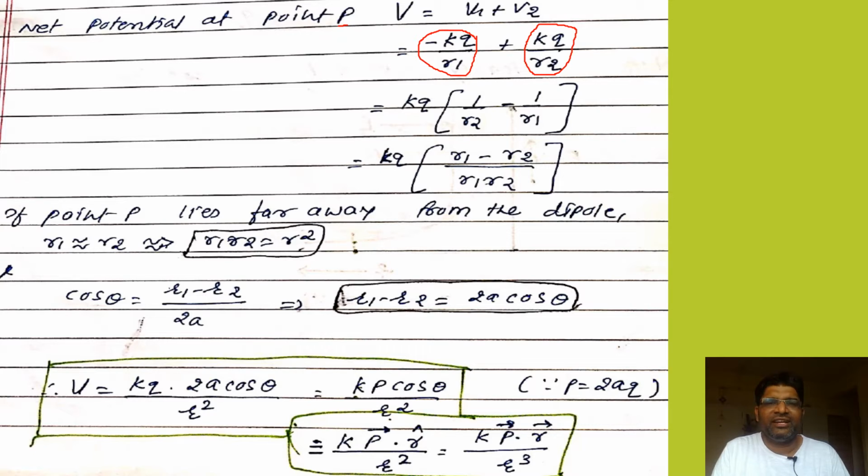So in the bracket it is 1 upon R2, I have written it first with a negative sign, and you have written it later. And if you solve the bracket, it is R1 minus R2 in the numerator, and in the denominator it is R1 and R2. So I told you, where do we need that R1 minus R2? Look, this R1 minus R2 we have to replace, so in its place this 2a cos theta will come.